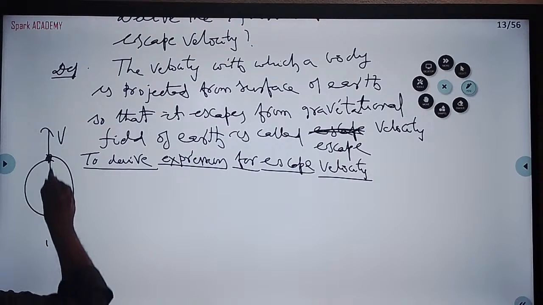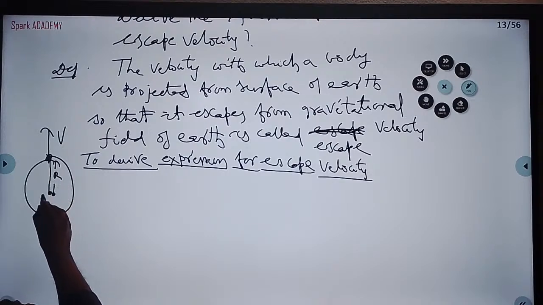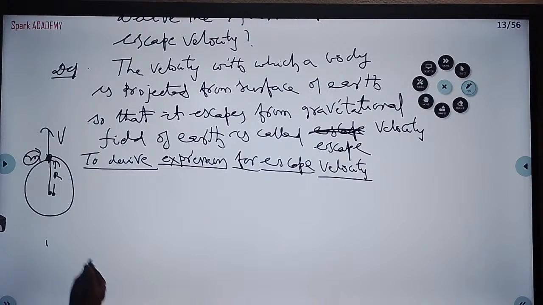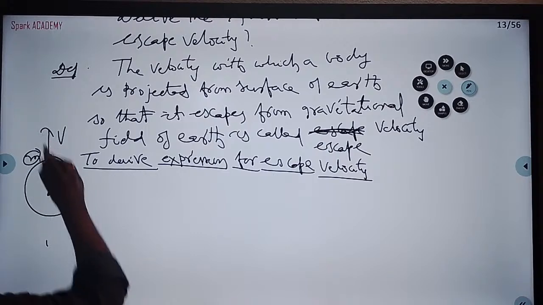You are taking the center. What is the distance from the center? Radius of the earth. M is the mass of the object. You are measuring distance from the center of the earth. This is called the center of the earth. Center C you can take, or O you can take.